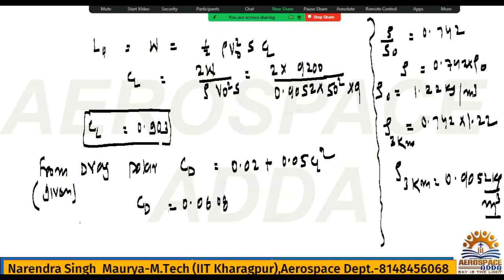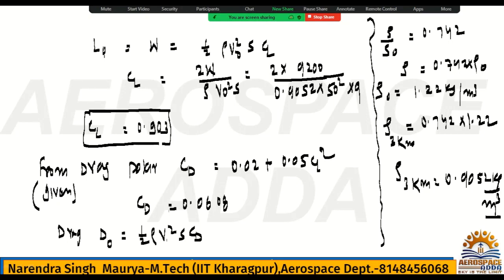Fine. So what will be the drag then? Drag force is half rho V square S into CD. This drag, at steady level, I am interested to calculate. So I should write D naught.